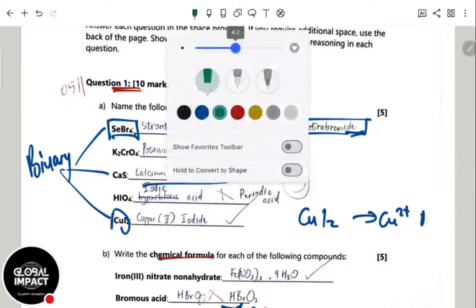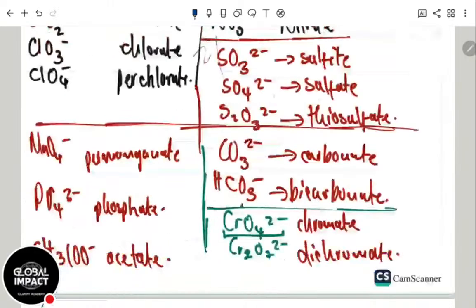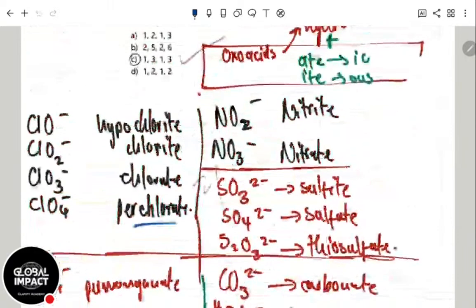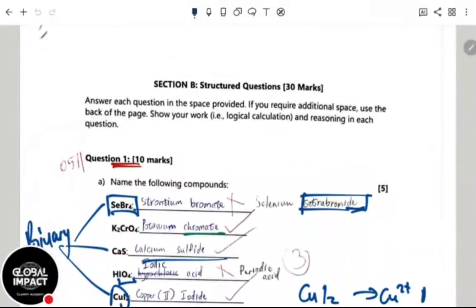Now what do we have in this other one here? It was going to be IO4, a periodate here. But now the hydrogen, it is an acid. Now what should we know? We know that it's supposed to be ic at the end. So what do we have here?